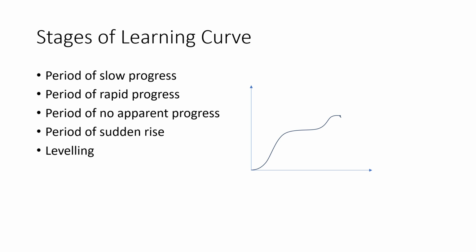So here the learner's output rises rapidly. Then there's a period where there is no serious progress, no recorded progress.